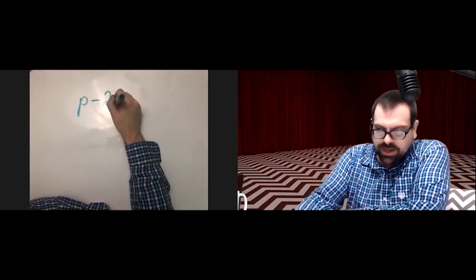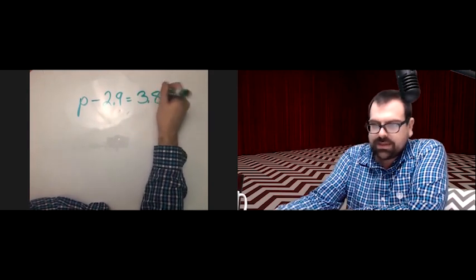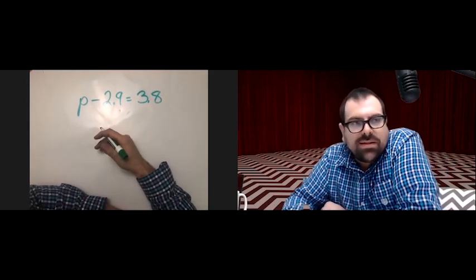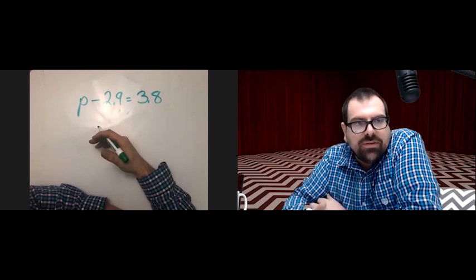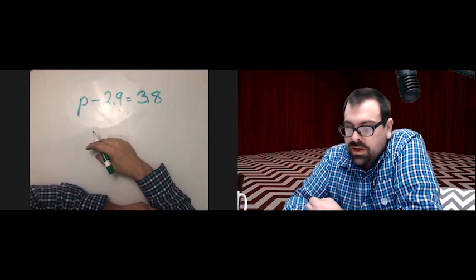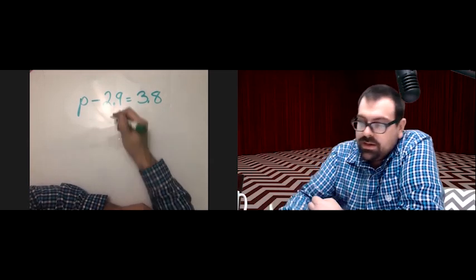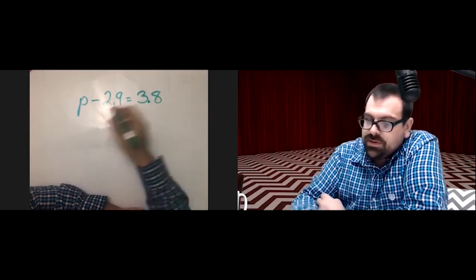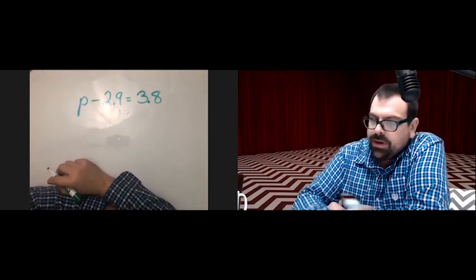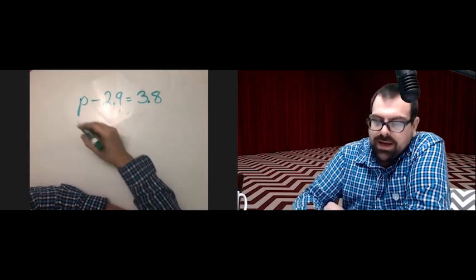p minus 2.9 equals 3.8. This isn't something you should treat any differently than a normal equation just because it has decimals. It's not these numbers' fault that they have decimals. We want to get rid of subtracting 2.9 to get the p by itself.